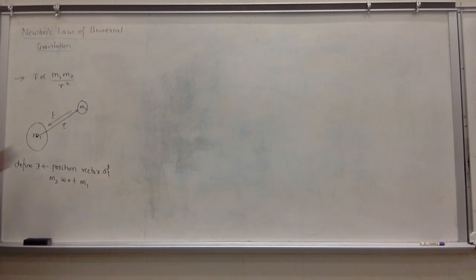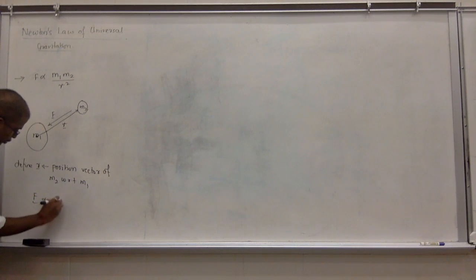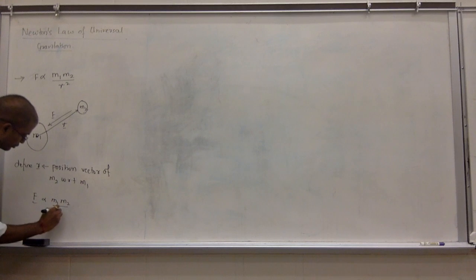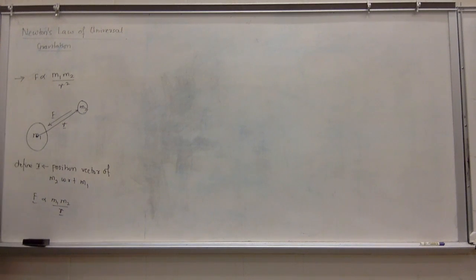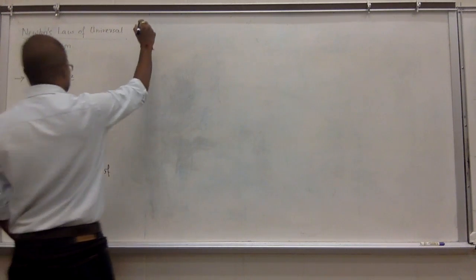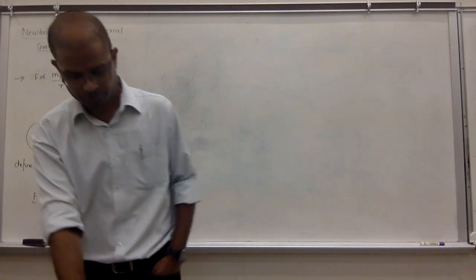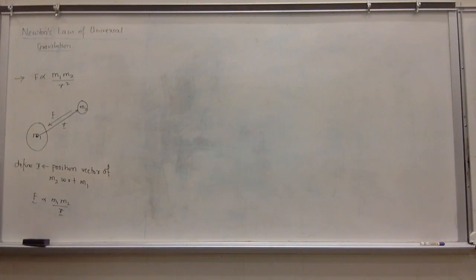So if you want to define the motion, you are going to say F is proportional to M1 M2 over R square. The other way is also true.